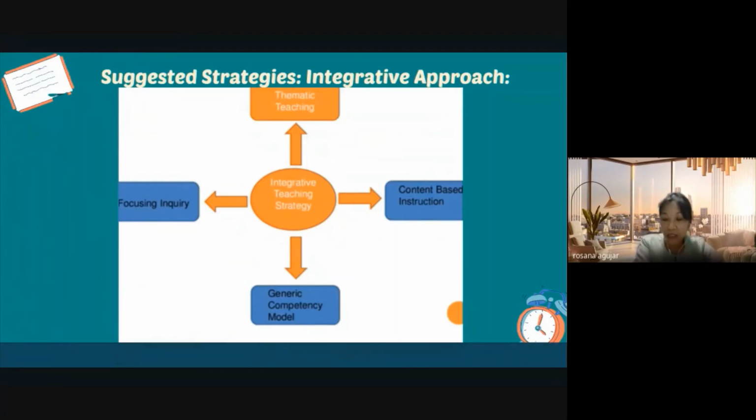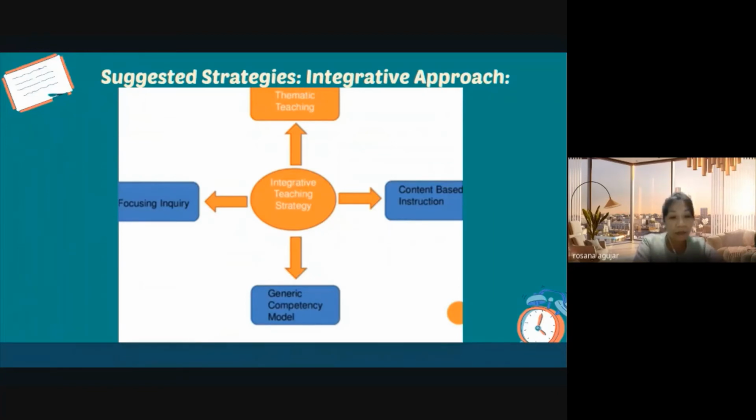How can we integrate English in cooking? If the students cannot understand the procedures, then that student cannot cook. So in that case, the reading comprehension of English subject is integrated to the cooking.